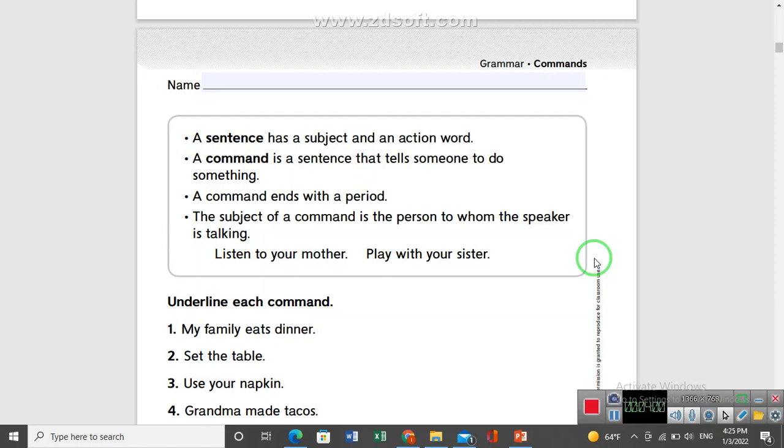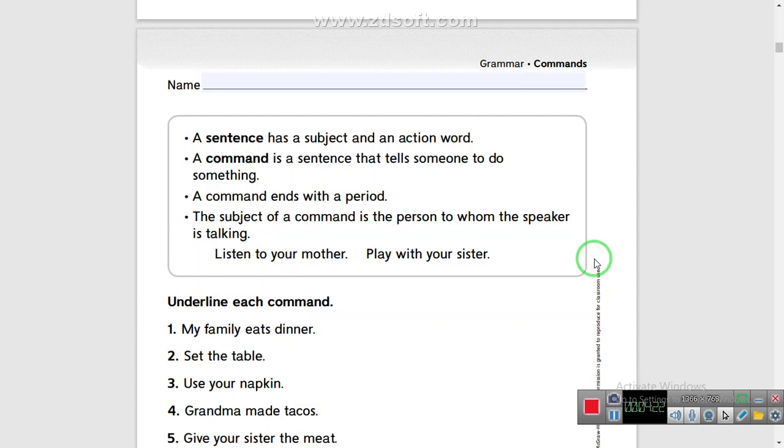But to know whether the sentence in front of us is a statement or a command, we should ask ourselves a certain question. Is this sentence telling something or telling someone to do something? If the sentence is just telling a general idea, then it's a statement.